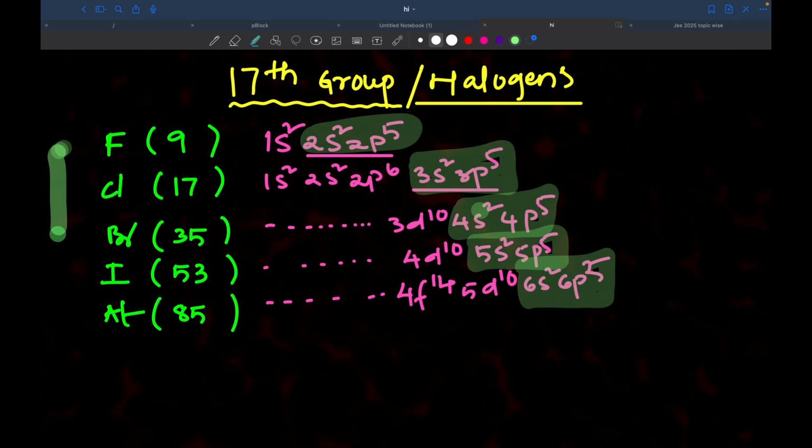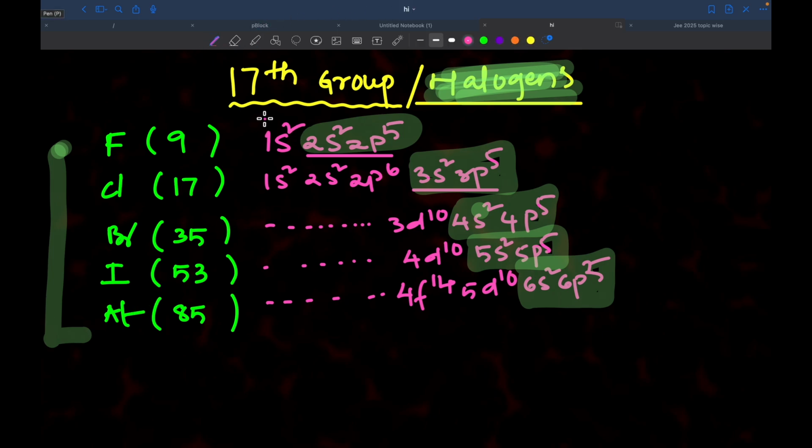All these elements are very much abundant in sea water, and sea is known as halous. That's why the elements which are most abundant in the sea are known as halogens. We know that sea water is salt water, so salt water contains so much halogens in it.